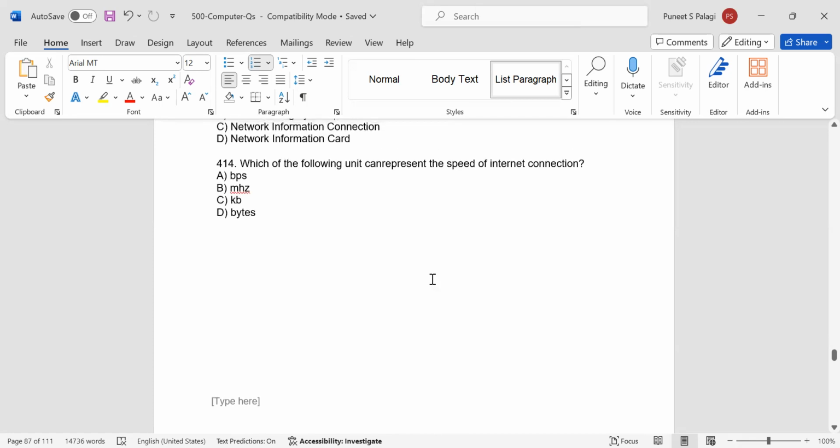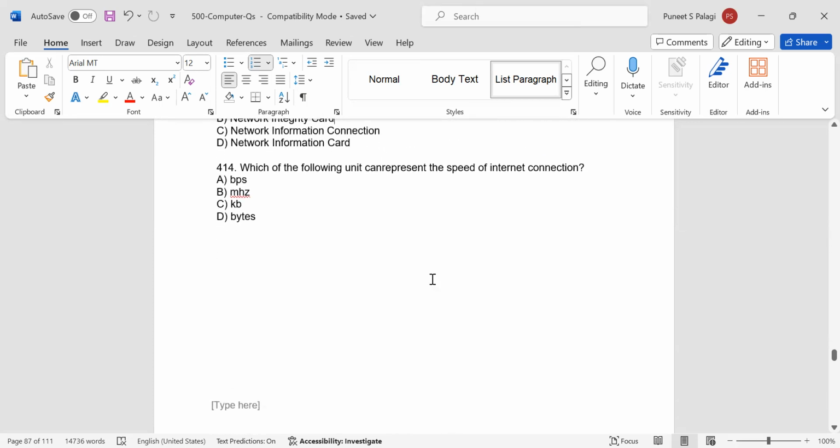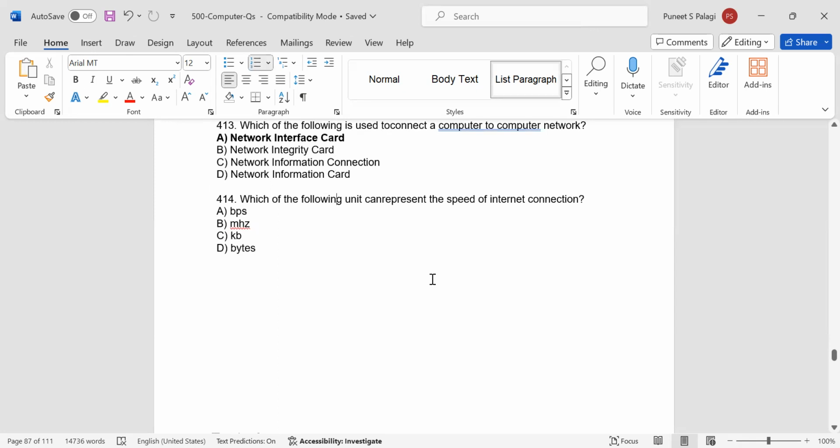Which of the following can represent the speed of internet connection? BPS, megahertz, KB, and bytes. It is BPS, like Mbps.